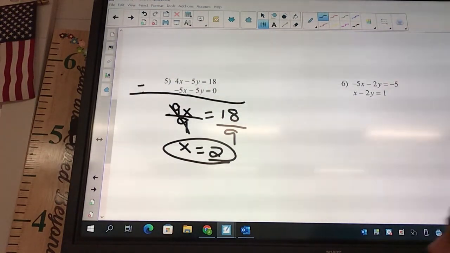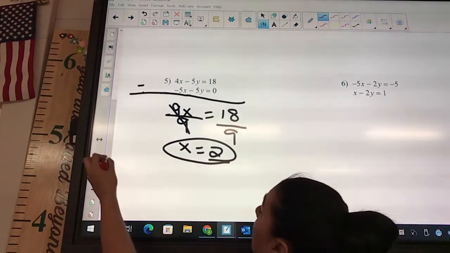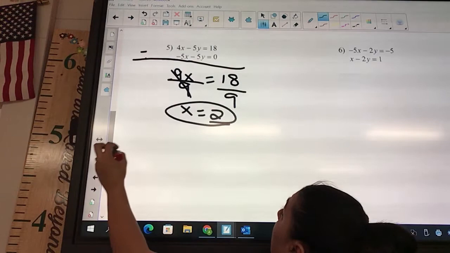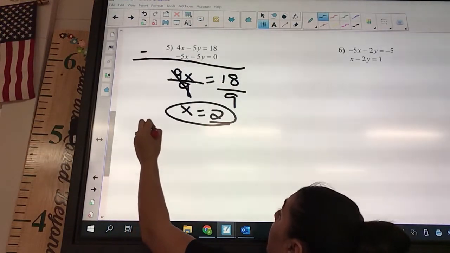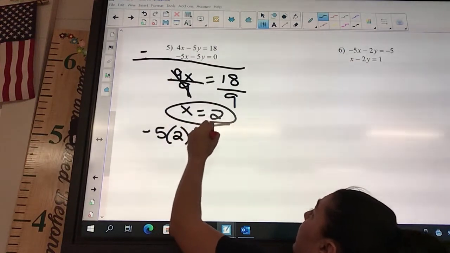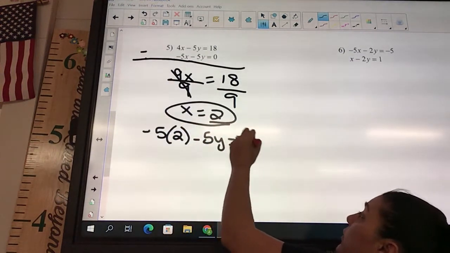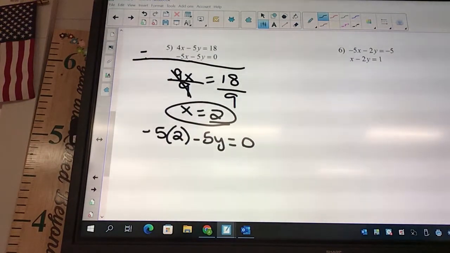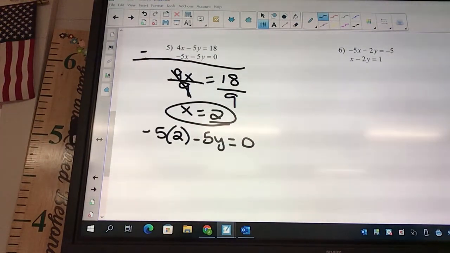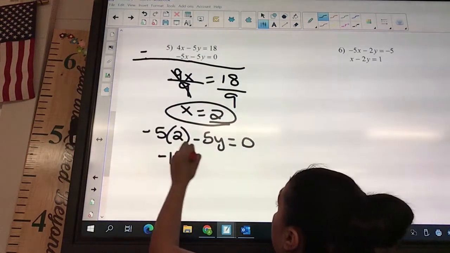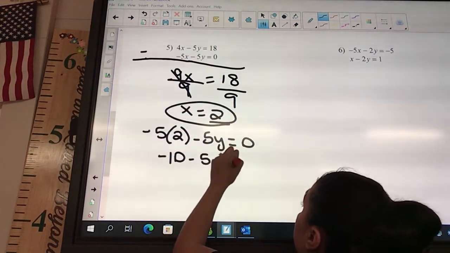Do you want to plug it into the top one or the bottom one? You want to do the bottom? So I got negative 5 and my x is 2, minus 5y equals 0. What is negative 5 times 2? Negative 10. So I got negative 10 minus 5y equals 0.